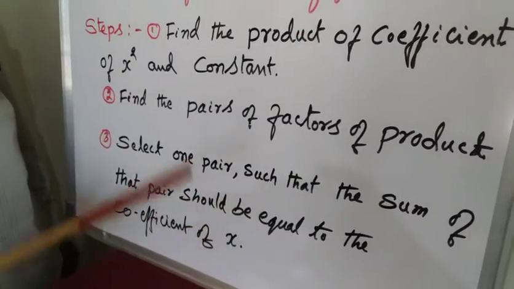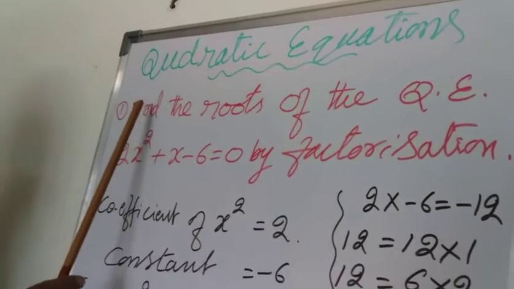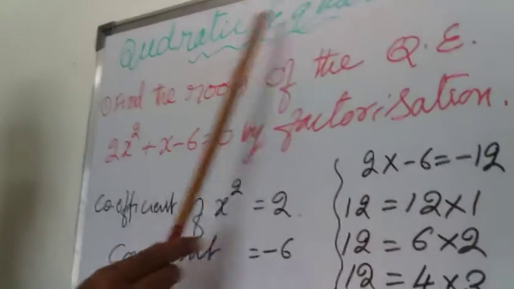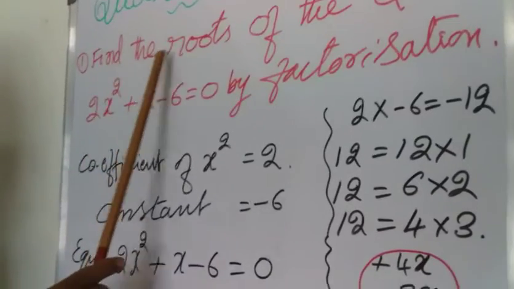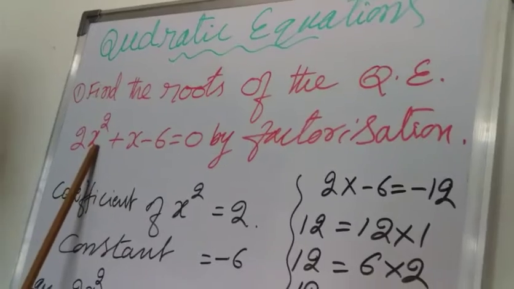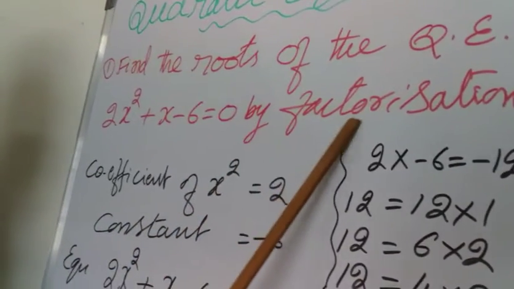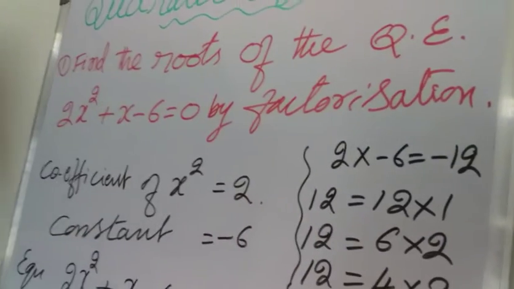So let us take one example. Let us take the first problem in quadratic equations. Find the roots of the quadratic equation 2x square plus x minus 6 equal to 0 by factorization method.